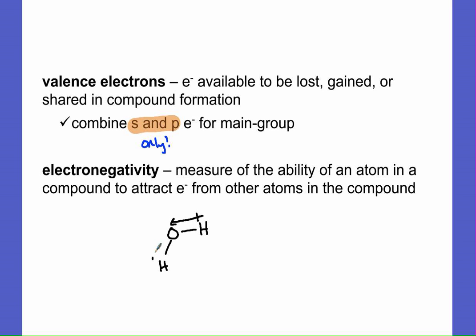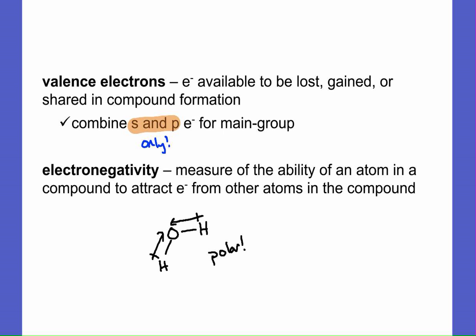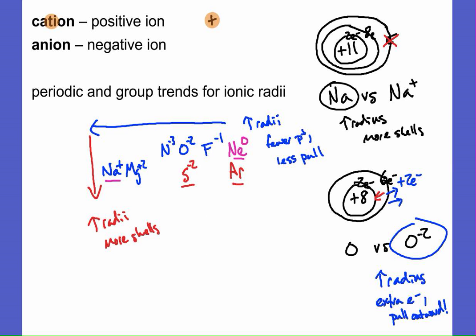It causes a separation in charge in this molecule, which is what makes it polar. I know that oxygen is negative and the hydrogen is positive because oxygen has a greater electronegativity. It pulls electrons better than hydrogen does, which is pretty much the same thing as affinity.